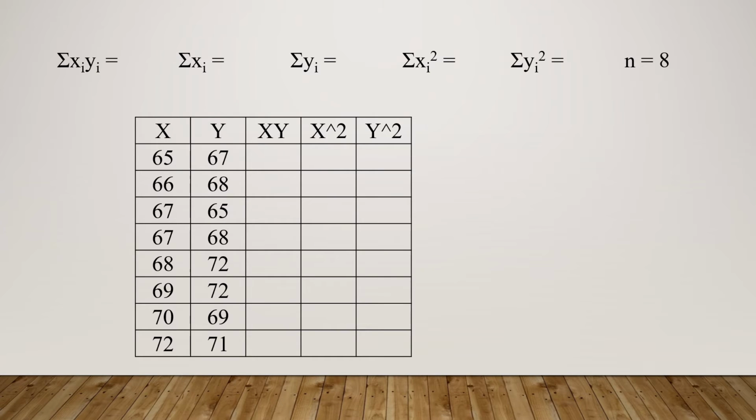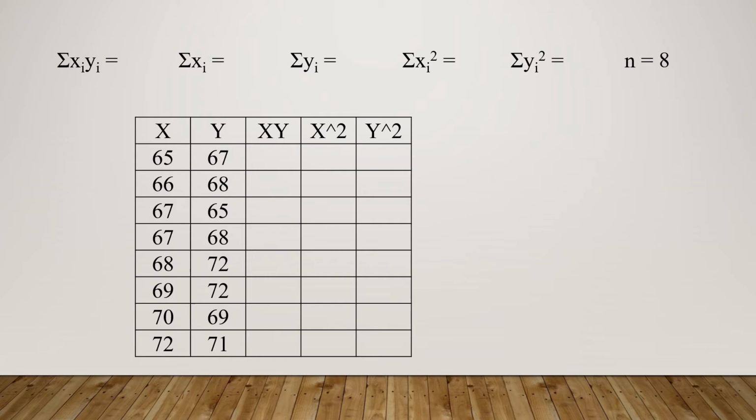I have written the values of x in the first column and values of y in the second column. In order to obtain the values of x y, I need to multiply the corresponding values in each row. That is 65 into 67, 66 into 68, 67 into 65, so on and so forth.